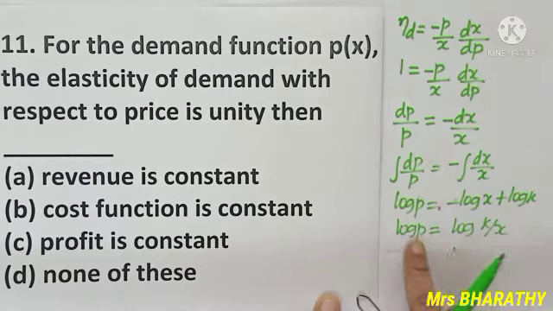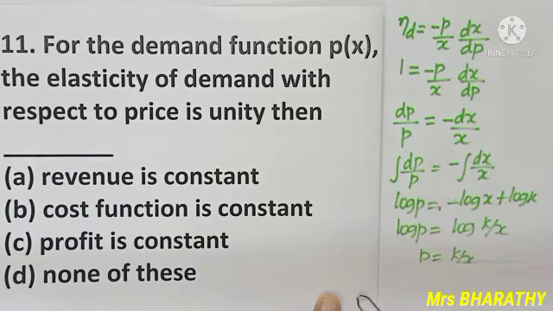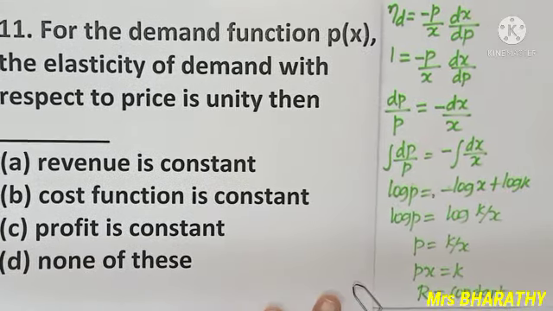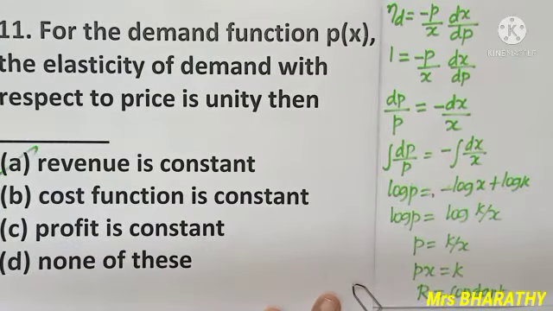Both the sides, we have single logarithm. I can delete the logarithm. We get p is equal to k by x. Cross multiplying, p into x is k. And we remember, p into x is nothing but revenue. So we derive revenue is constant and option A will be the right choice.